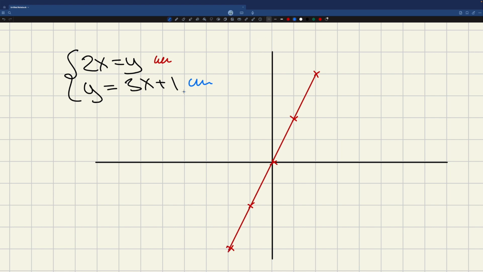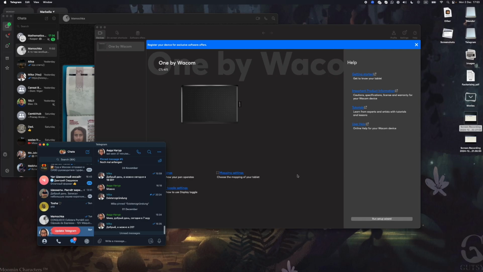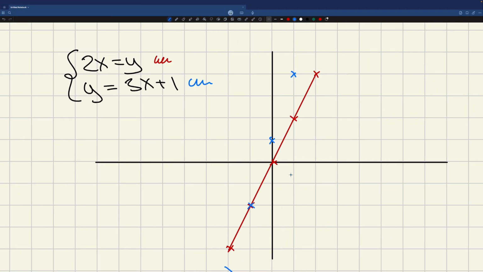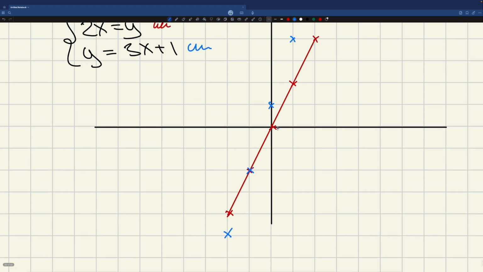And now the blue graph, the y-intercept is over here. It goes on a slope of 3, so it goes over here, over here, and then it goes down to here.